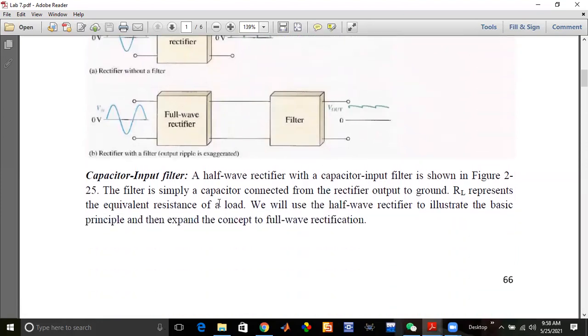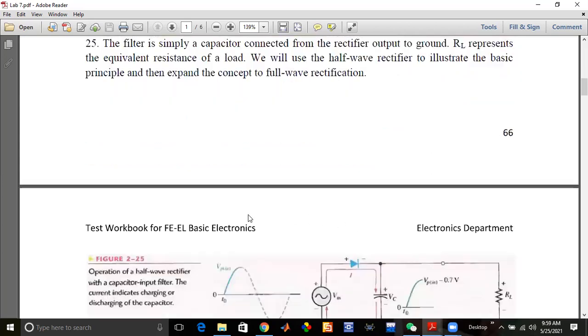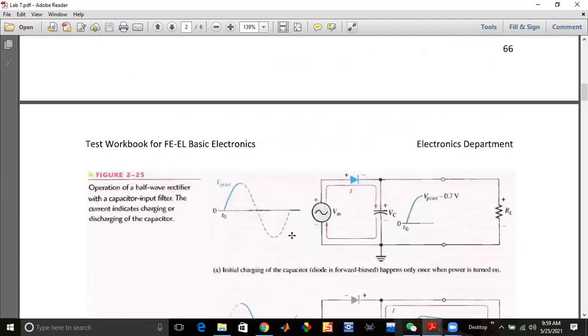Capacitor input filter: a half-wave rectifier with a capacitor input filter is shown in figure 2.5. The filter is simply a capacitor connected at the rectifier output to the ground. RL represents the load. This is the voltage applied, this is the diode, and this is the load resistor. Without the capacitor, this was the half-wave rectifier.